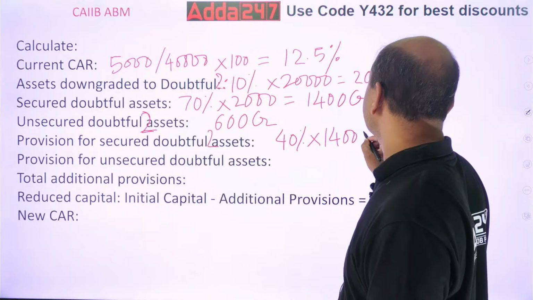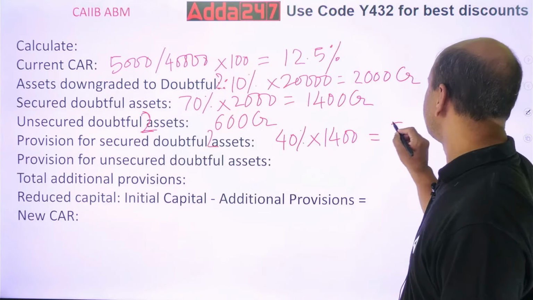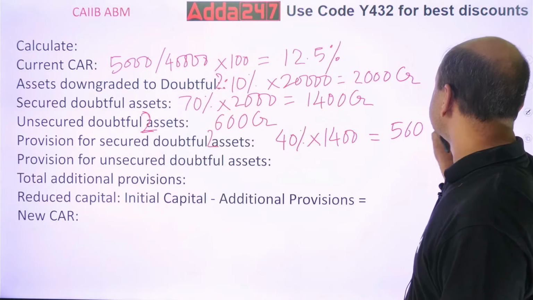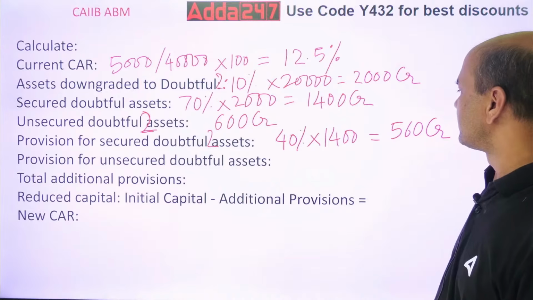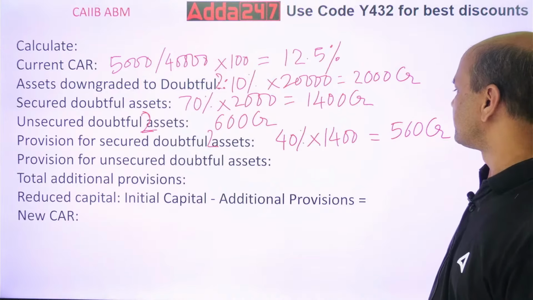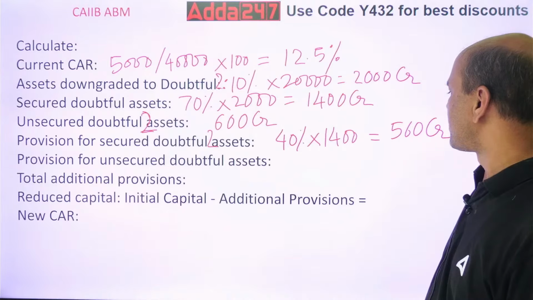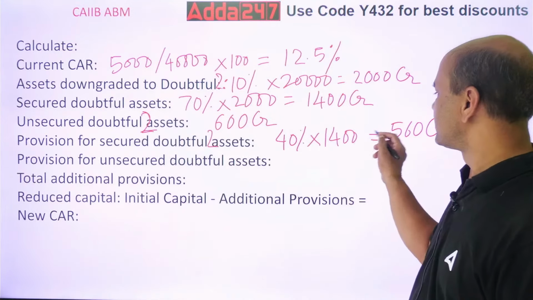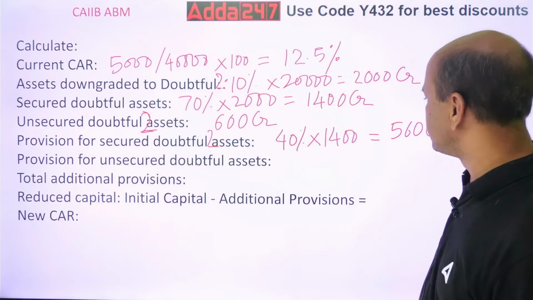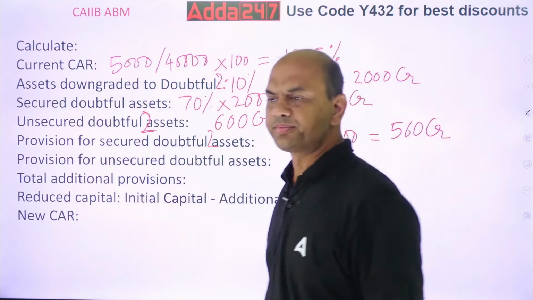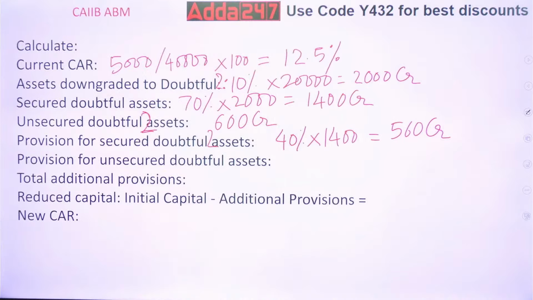So 14 times 4 is 56, 560 crore, right? 40%, 56 upon 100. Am I doing it wrong? 14 fours are 56, correct, 560 at 40%. Okay, correct it is.